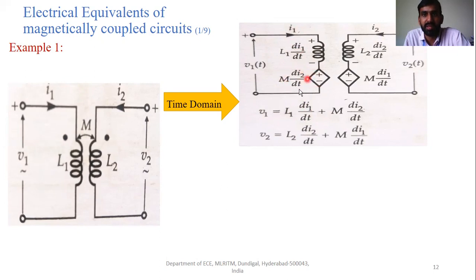So what is the mutual inductance here? M. This is the controlled voltage source, so the voltage across this is M di2 by dt. Why is it I2 here? Since it is a mutual inductance: if it is the self-inductance L1, with respect to the same coil, that is current I1 only. But coming to the mutual inductance, it is induced due to the change in the current I2, right?